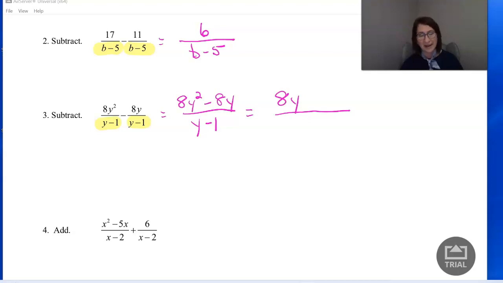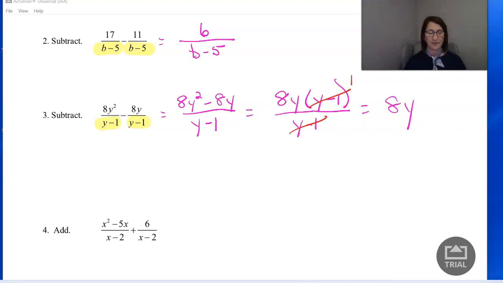When I pull that out, I'm left with y minus 1. And I still have a y minus 1 in the denominator. So I'm going to reduce the y minus 1s. And so then I'm left with 8y.